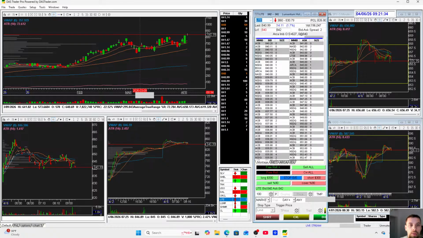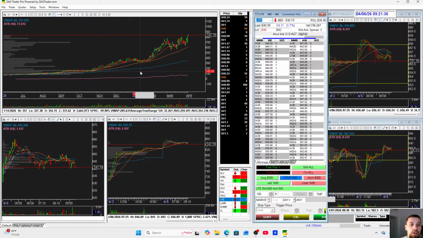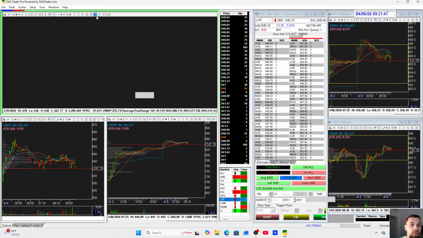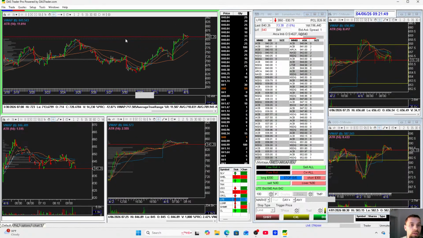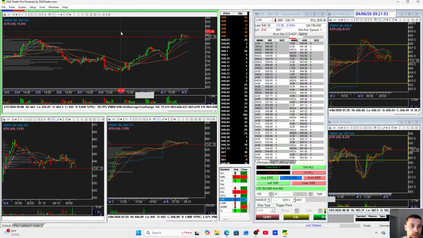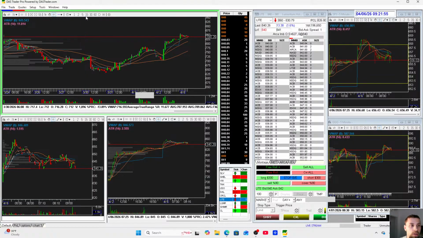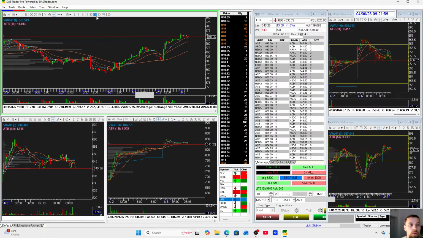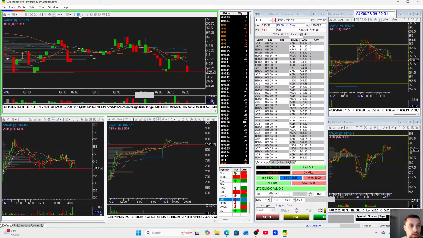LITE was another one. LITE on the daily, there's hardly any volume. It's looking strong. I think this thing could pop right at the open.